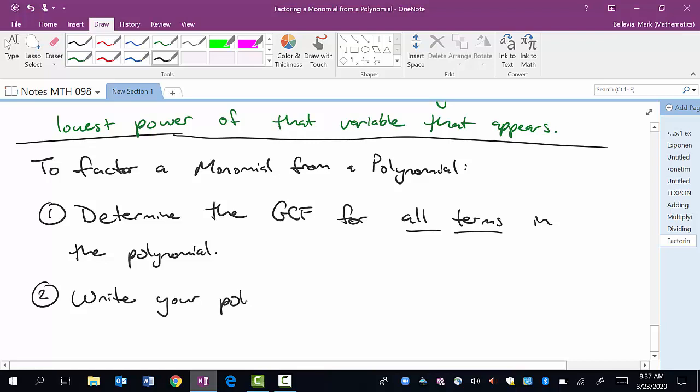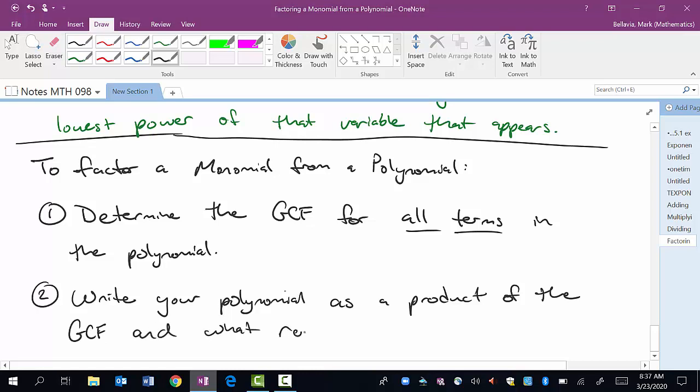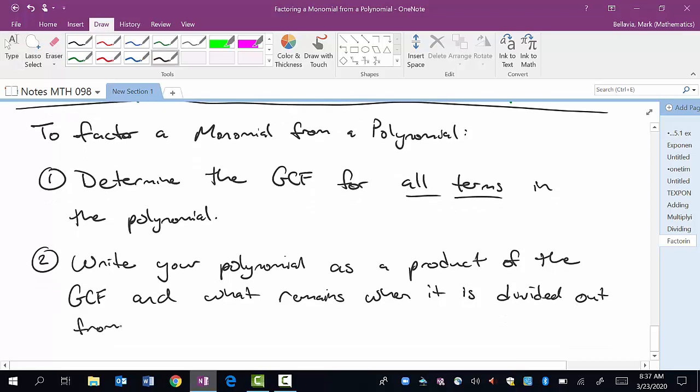So you want to write your polynomial as a product of the GCF and what remains when it is divided out from the polynomial.